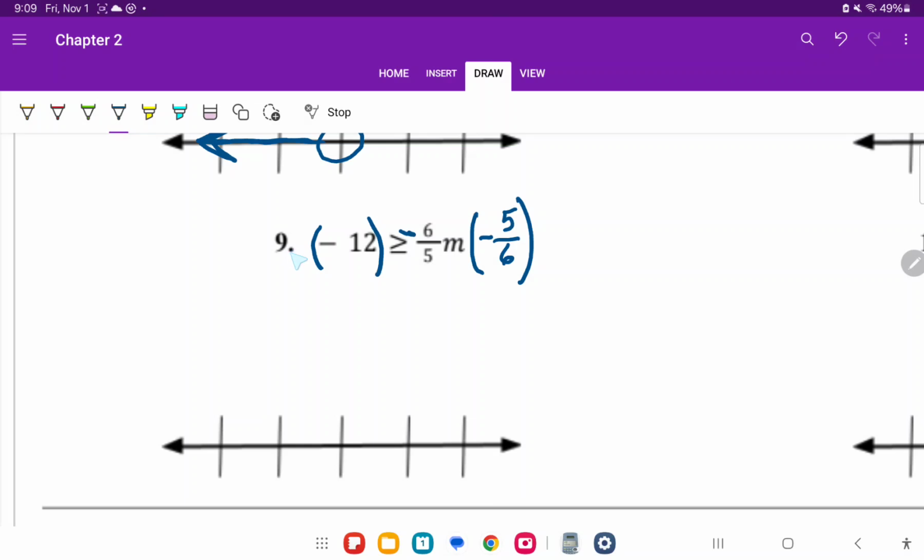What do I have to do on the left over here? We're going to multiply by negative 5 over 6 over here. All right, so what do we get when we multiply negative 5 over 6 times negative 12?